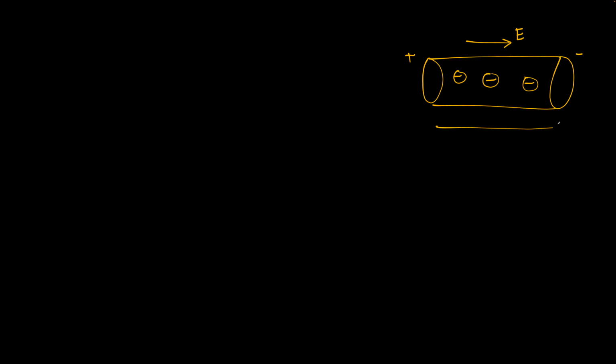If L is the length of the conductor and A is the area of cross section, we know that I is equal to nEA into vd. Let this be equation number 1.